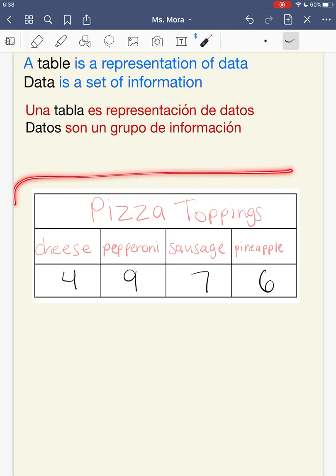For example, the table is talking about pizza toppings, and my categories, the types of pizza toppings, are cheese, pepperoni, sausage, and pineapple. And then these are my data. So 4 people like cheese, 9 people like pepperoni, 7 people like sausage, and 6 people like pineapple. Okay, so this is a table with information in it, and we use this to draw picture graphs and bar graphs.